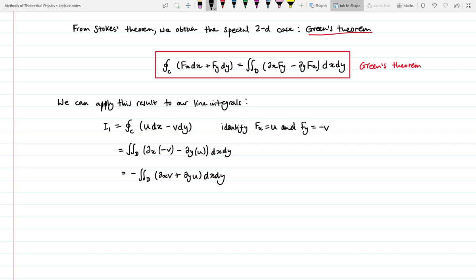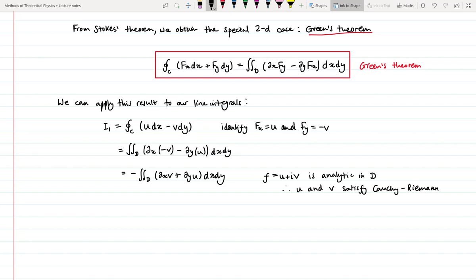We next note that the complex function we're integrating, given by u plus iv, is by assumption analytic in D. Therefore, u and v in this integral satisfy the Cauchy-Riemann conditions.